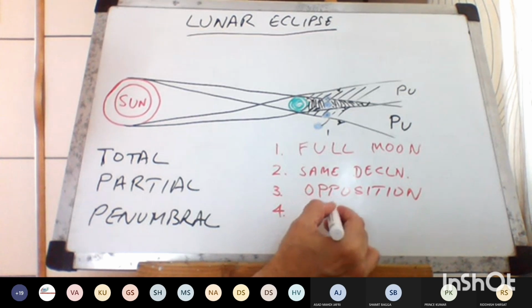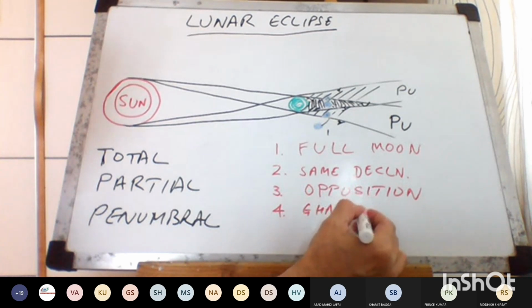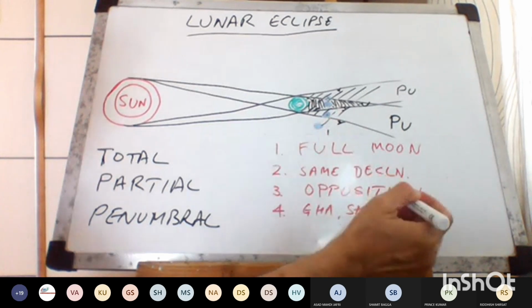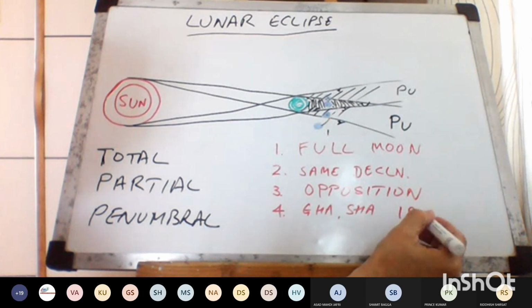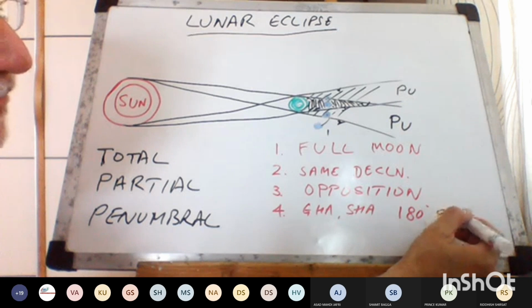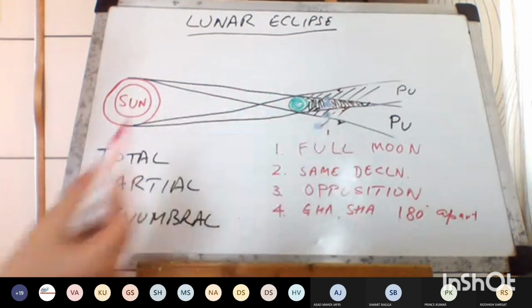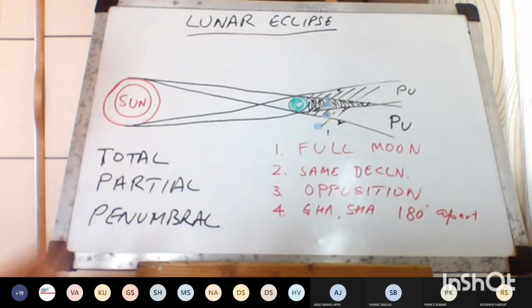The GHA or SHA of the moon and the sun should be 180° apart. If it is in opposition, if this is bearing 0, this is bearing 180. If this is bearing 90, this is bearing 270, whatever. So the GHA, SHA is 180° apart. They are in opposition.